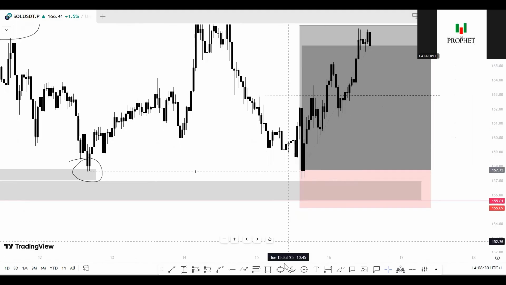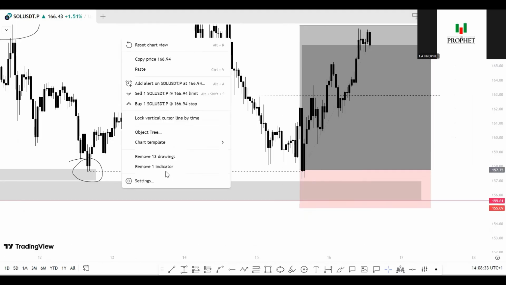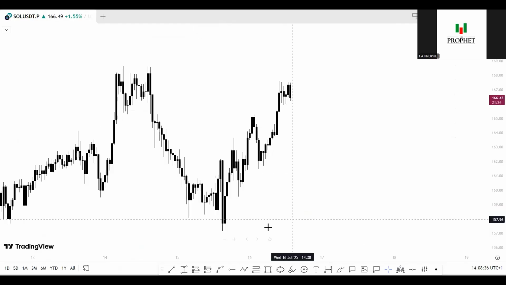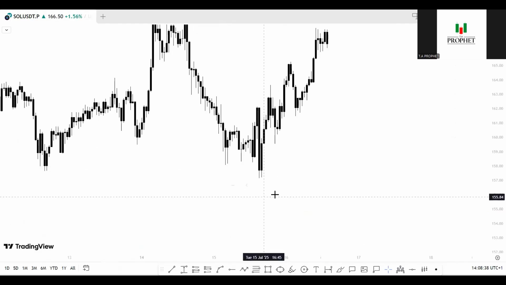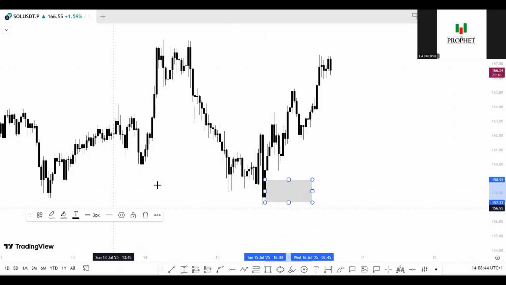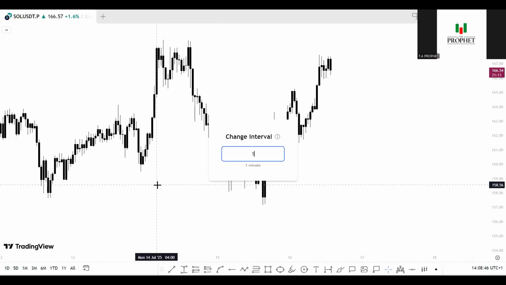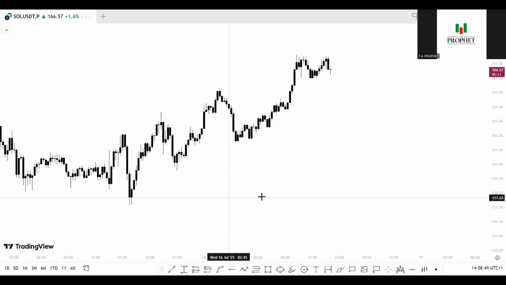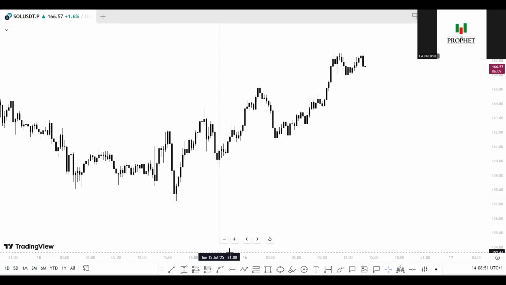Now let's see if we can, let's erase everything. I'm looking at this zone, because it was this zone that pushed the price up to this point. Let's see on the 15-minute time frame, is there any? All right, there is none.